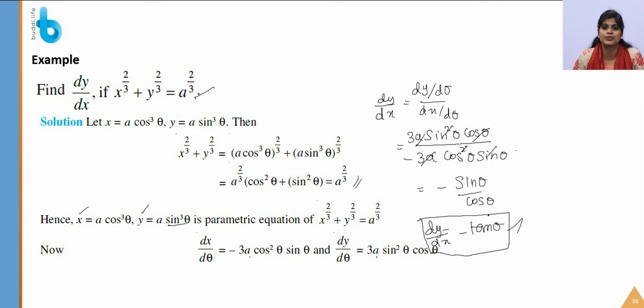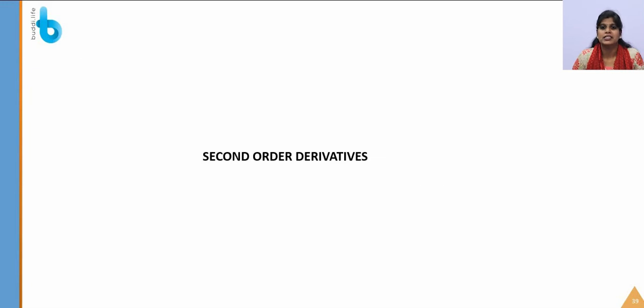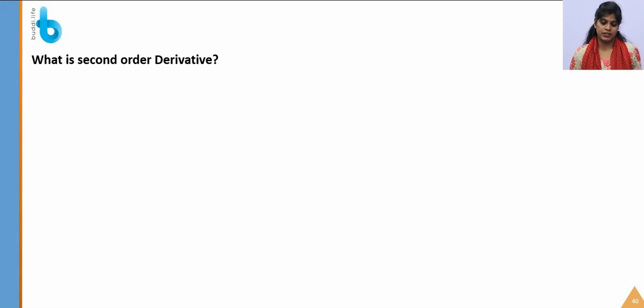So this is how you should introduce a parameter and do the differentiation. Okay. Next we will move on to the next concept, the second order derivative, which is also very important for learning calculus, from both points of view. What is the second order derivative? We know the derivative of y: differentiating y with respect to x, we get dy by dx.